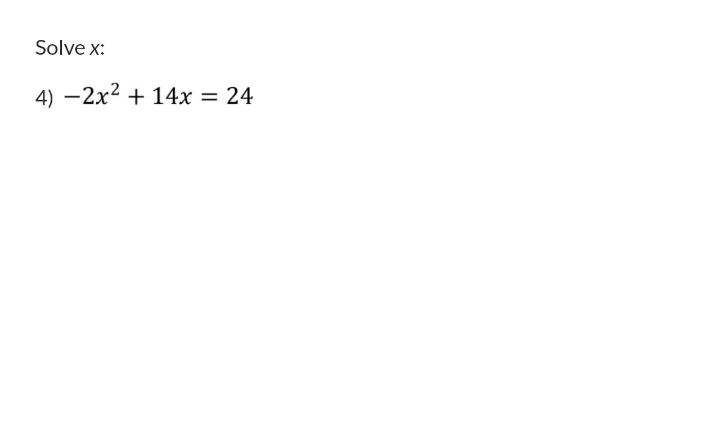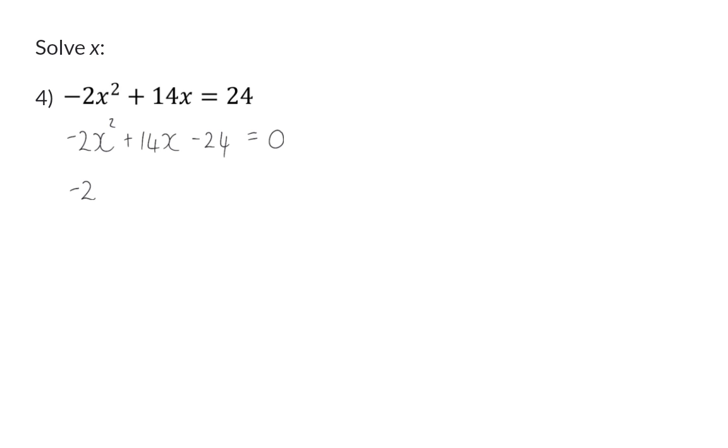In example 4, I once again want to rewrite the equation in the form a times b equals 0. That means that my first step will be to get everything on one side by subtracting the 24 to get a 0 on the right-hand side. Now we can factorize the left-hand side, and the first step will be to take out a common factor. The common factor here can either be 2 or minus 2.